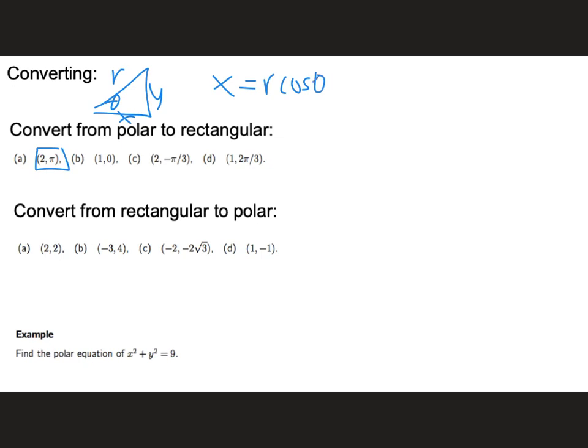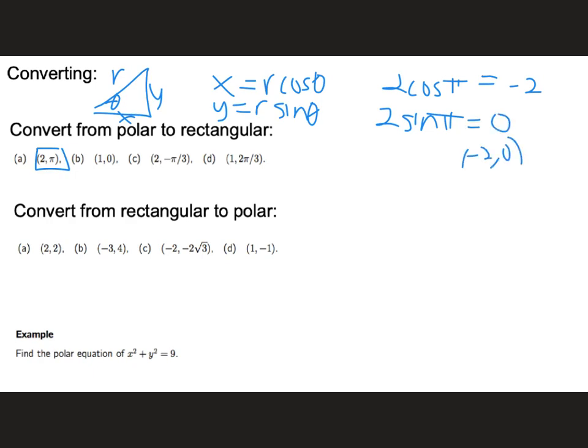So if I have 2, pi, then x is going to be 2 cosine pi, and then y is r sine theta, so y is going to be 2 sine pi. So cosine of pi is -1, so that's -2. Sine of pi is 0, so that's the point -2, 0, which if you were to look back, that would make some sense.